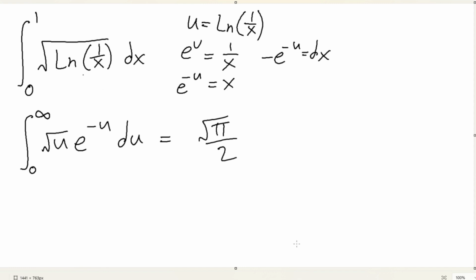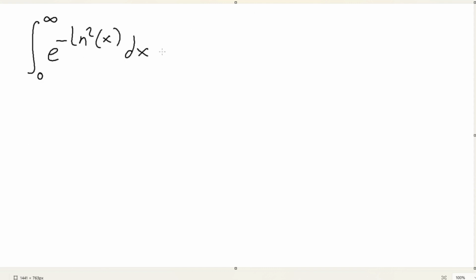Pretty much the fastest way here would be to just let u equal the square root of ln of 1 over x, this whole function pretty much. Okay? Of course, our first instinct is to let u equal ln of x. And what would this give us? This would give us e to the u du equal to dx.